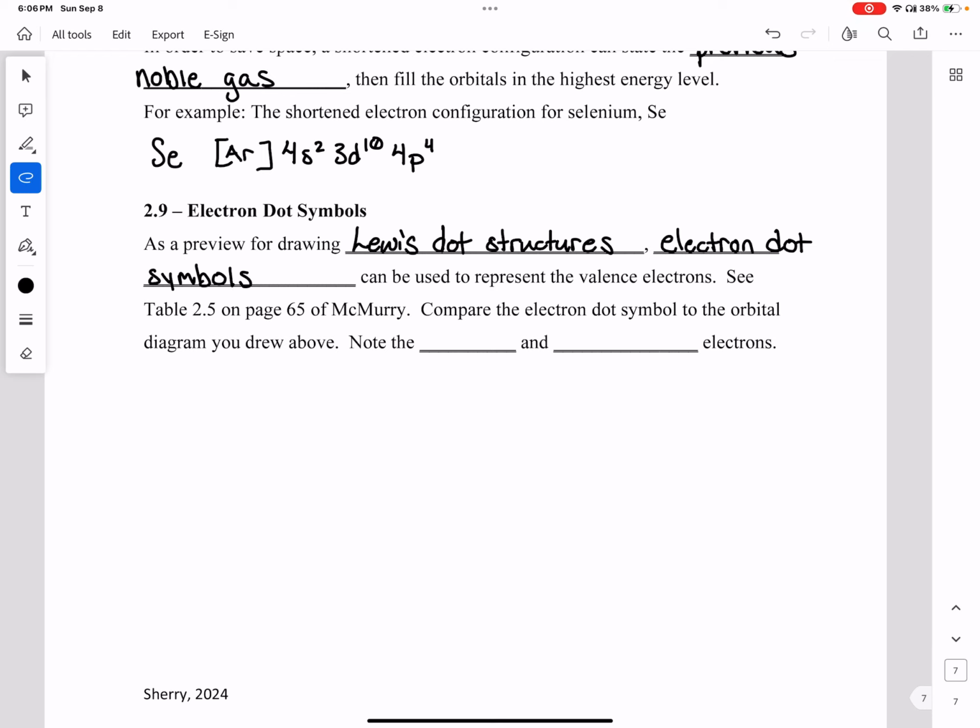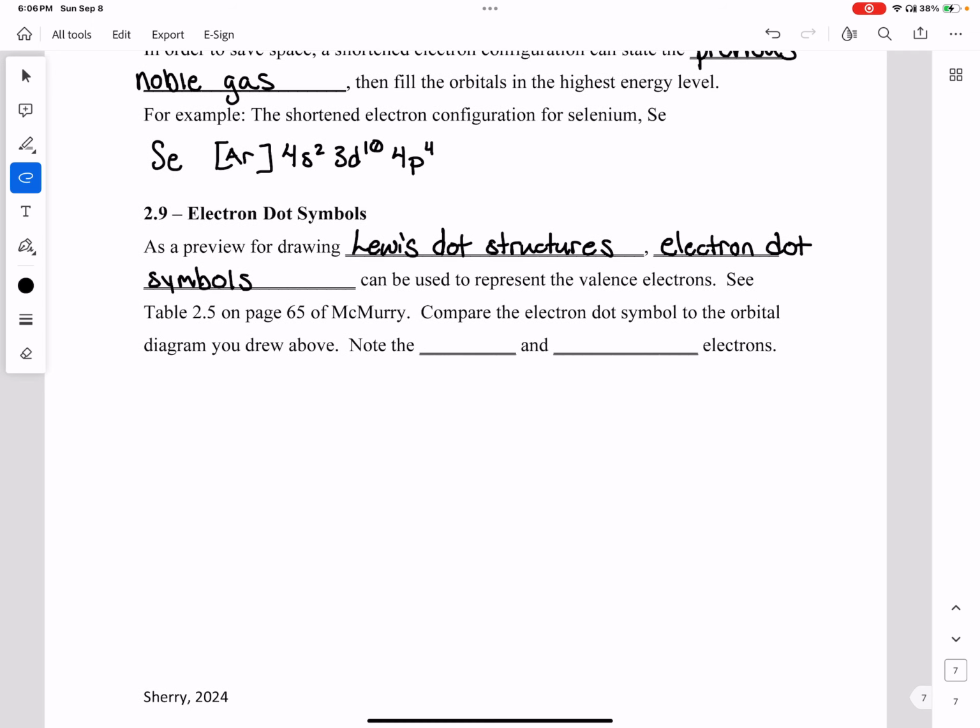Those can be used to represent the valence electrons of a particular atom. So I'd like you to turn your attention to table 2.5 on page 65 of McMurray. And what you're going to see is the valence electron pattern, the electron dot symbol, of the first elements in the periodic table, the first few rows.